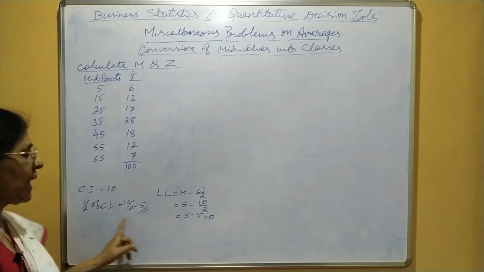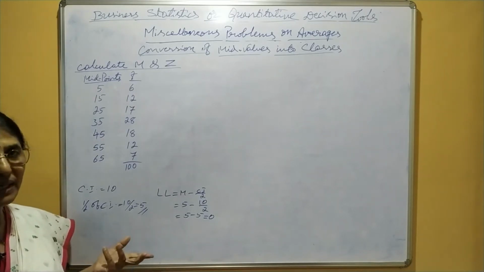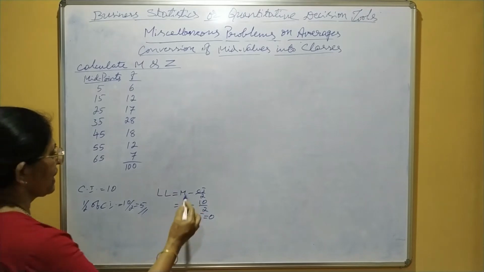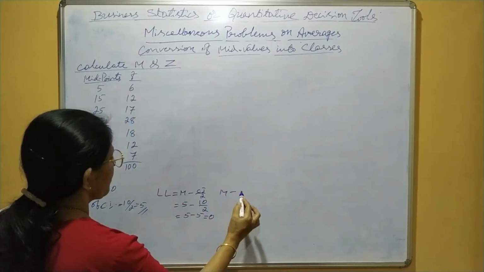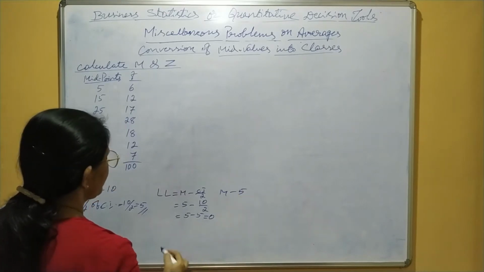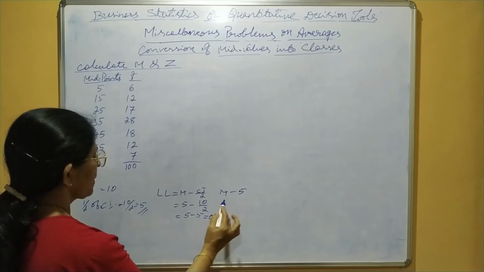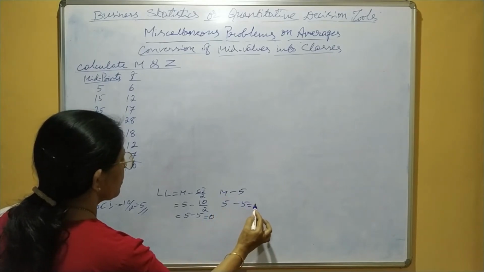Otherwise, if you calculate half of the class interval first, then the lower limit is directly midpoint minus 5, which is 5 minus 5 equals 0.